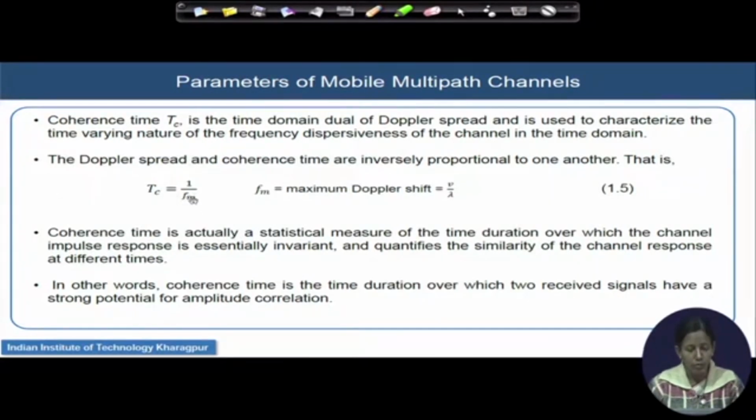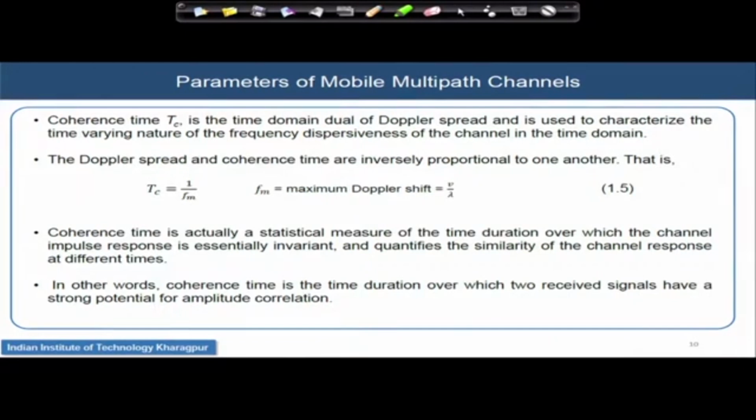The Doppler shift and the coherence time are inversely proportional to each other, but the fundamental meaning of the coherence time is that it is the time domain dual of the Doppler shift. It is the statistical measure of the time duration over which the channel properties remain invariant. For example, it tells after how much time the channel is expected to change, as simple as that.